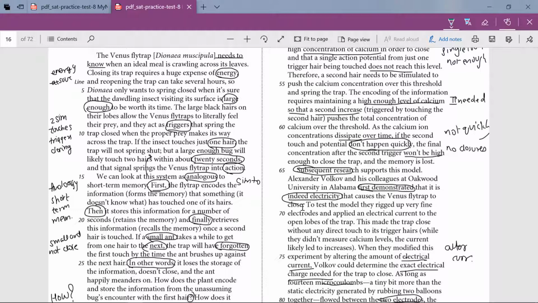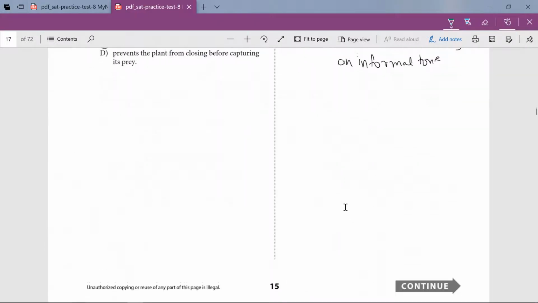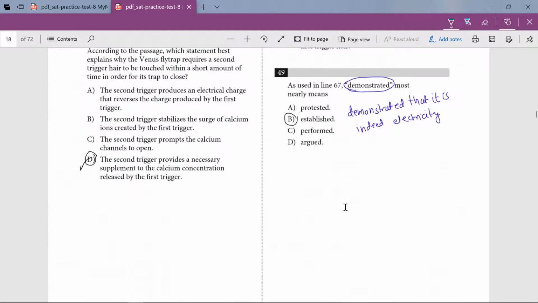When you say indeed electricity, it's like up till now you were not very clear, but now you are very sure that it is electricity which is causing the Venus flytrap to close. So these words show that demonstration means something was proven, something was established, and that is the meaning of the word demonstrated there.